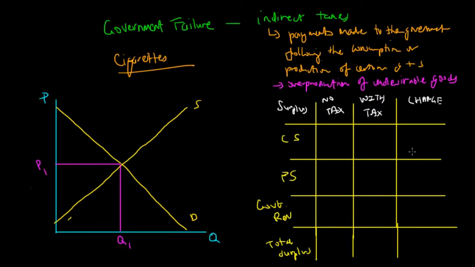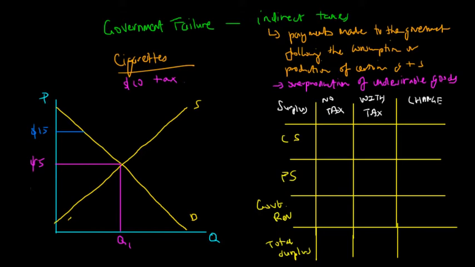Alright, when they add a tax, let's assume a packet of cigarettes is $5. Let's say they add a $10 tax, so the new price is $15 to make it more realistic.